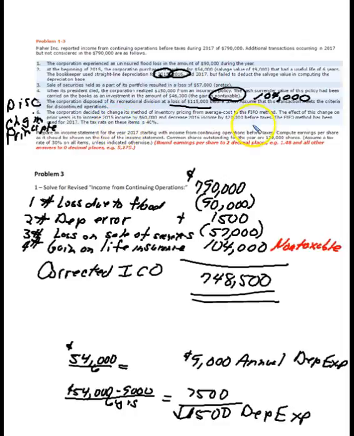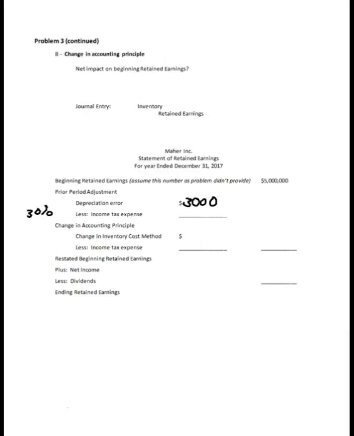So in number 6, the change from average cost to FIFO increases 2015 by 60 and decreases 2016 by 20. So the overall net increase in profit would be $40,000. So if I net the impact on income for 15 and 2016, it's an increase in the profit of $40,000 for those 2 years.